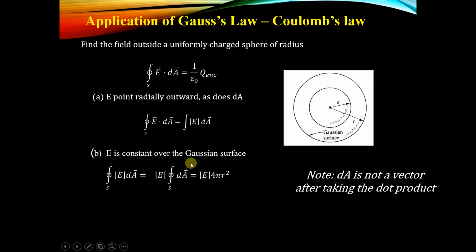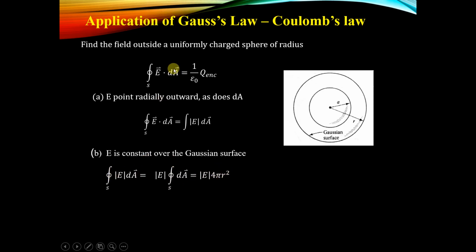Now this is a sphere, so obviously if I do the integration over the entire area, I will get 4 pi r square. So we started with this closed integral E dot dA. At first we considered that E and dA are in the same direction, so the integral became integral of mod E into dA, and mod E can be taken outside because the field is constant over the surface, and integral of the area will result into the total area of the sphere, that is 4 pi r square.